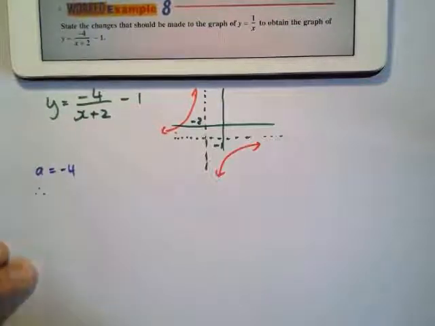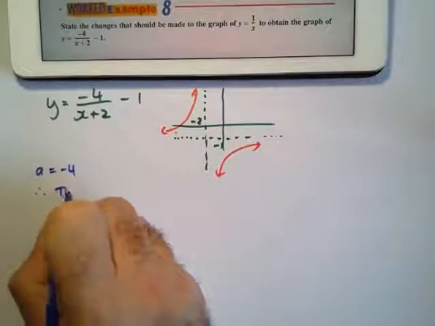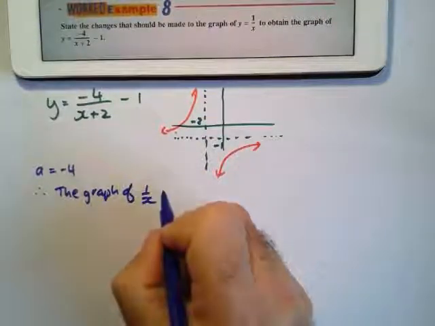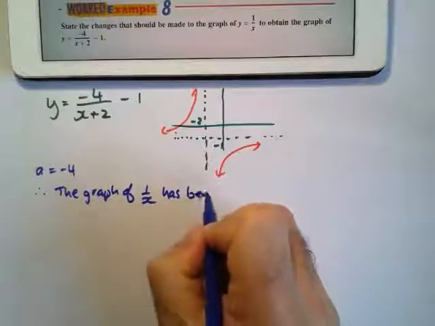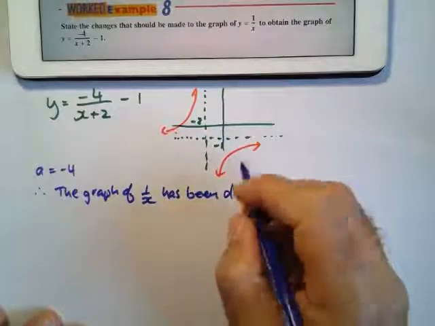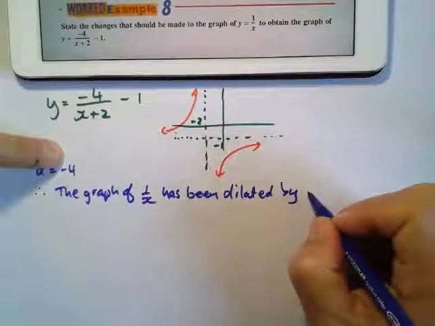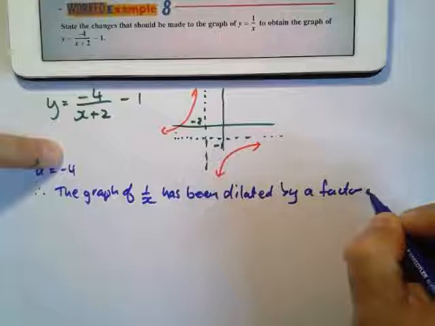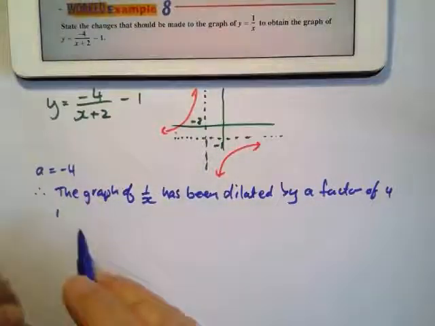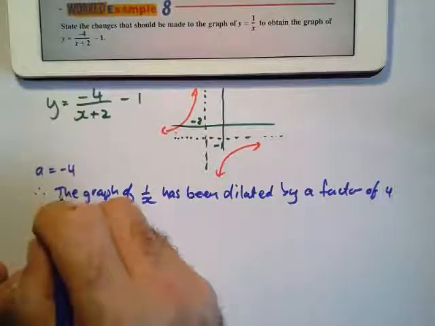And I'm going to say therefore, the graph of 1 over x has been dilated by a factor of 4 in the y direction. Remember, pushed out in the y direction because y changed with 4, so of 4 in the y direction.